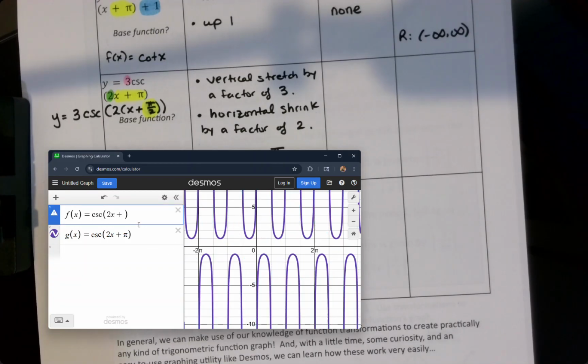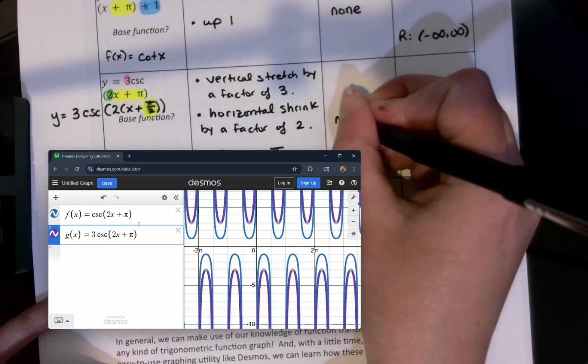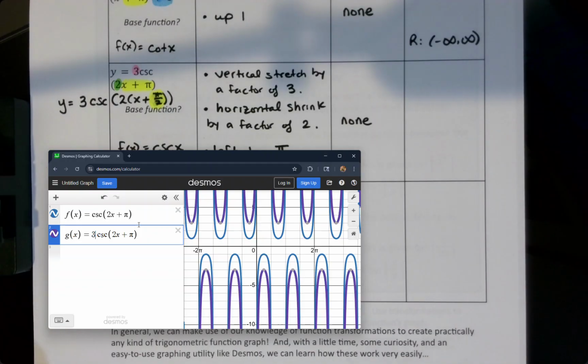And then the last thing is a vertical multiplier. It's just going to make this guy taller. So now it's taller. So it looks like there is going to be no y-intercept, based on the fact that these numbers, pi halves and the shrink factor of 2, kept an asymptote here at 0.